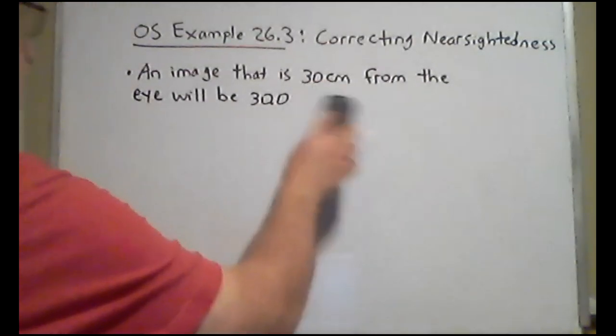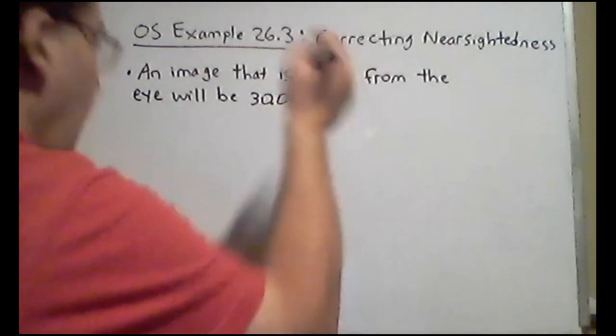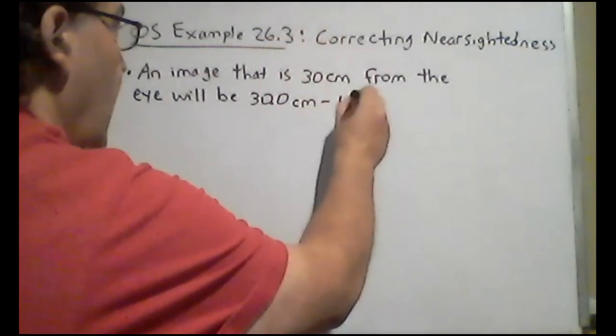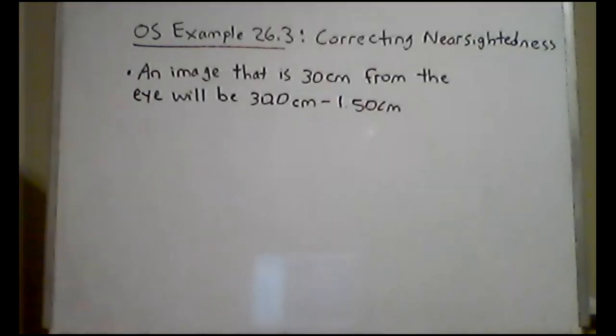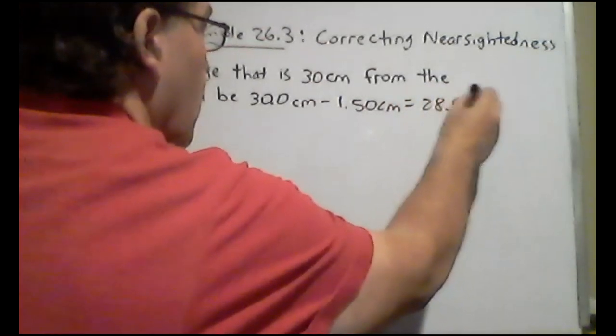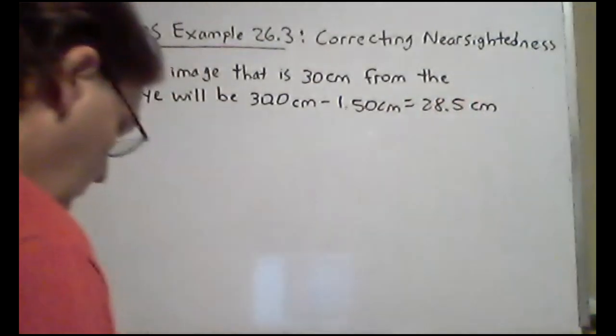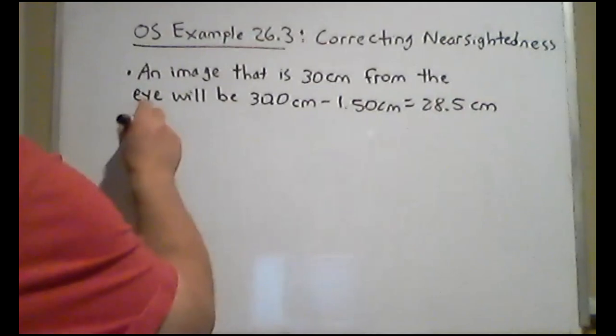Remember, we have the eyeglass frames, right? So we get 30 centimeters minus the 1.5 centimeters, because you have to worry about the eyeglass frames being that much closer to the object than your eye is. So it's going to be 28.5 centimeters from the spectacle lens.